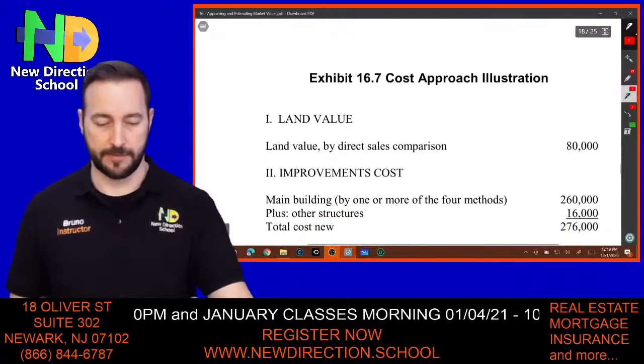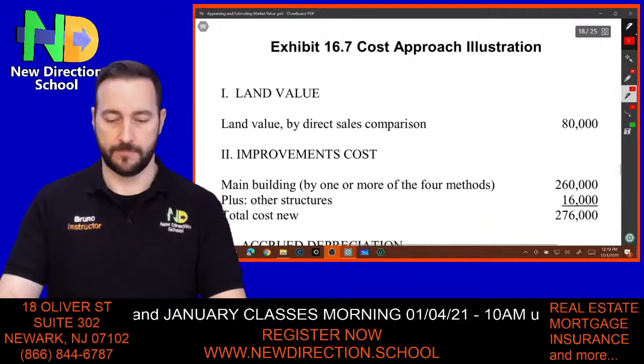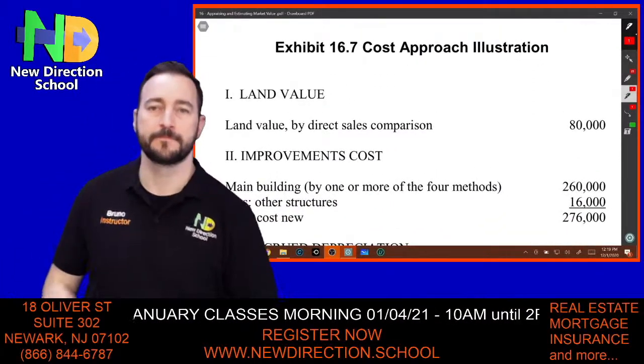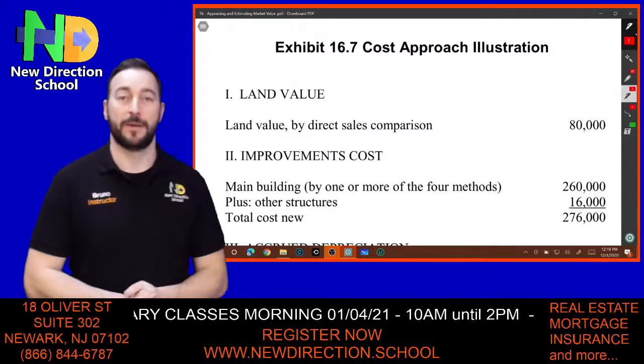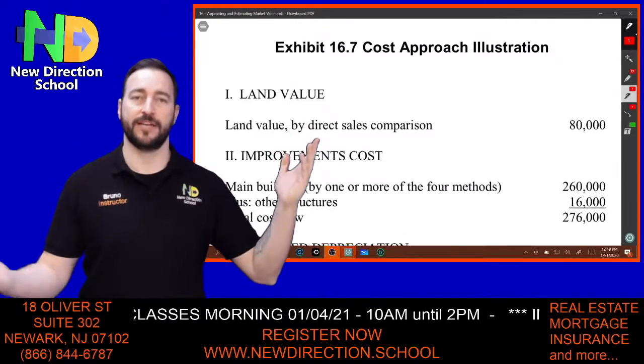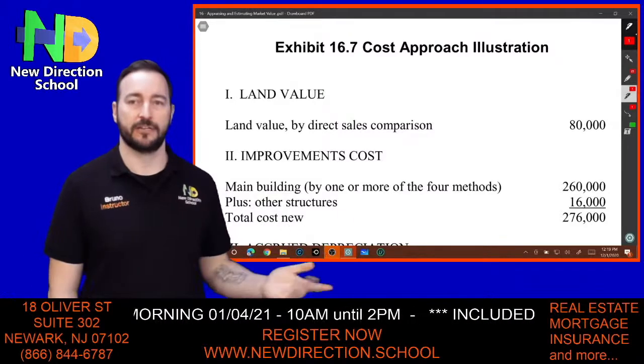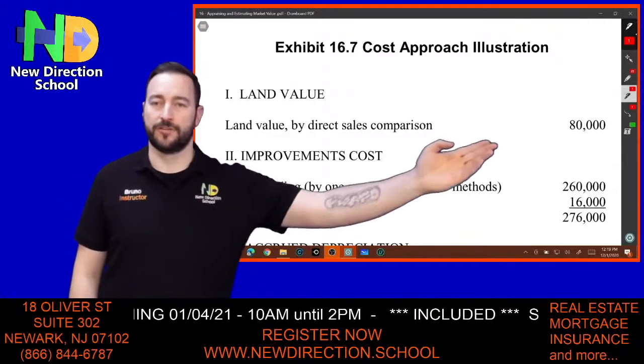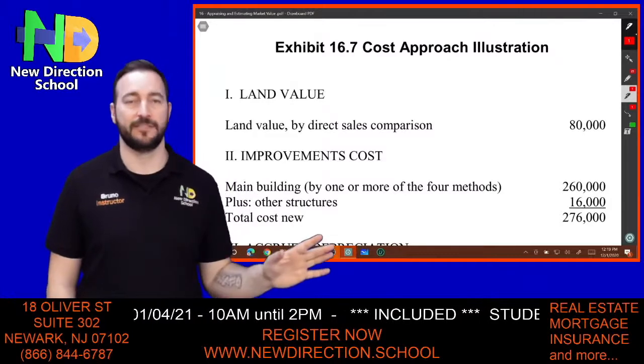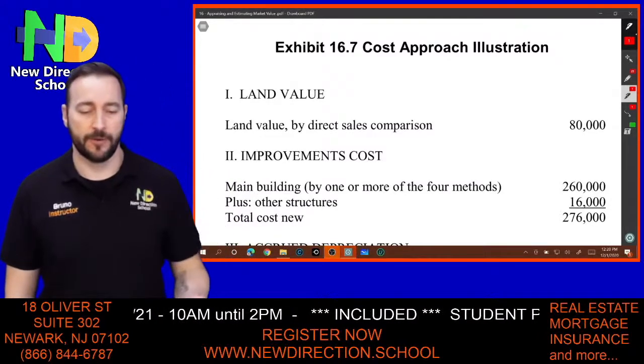All right, and here come the numbers. So let's say we figure out, by comparing land to land, we found vacant lots and how much they were worth, 25 by 100, right? And we found the vacant lot 25 by 100, and they're worth $80,000, land by itself, individually, right? Then we're going to look at the improvements.